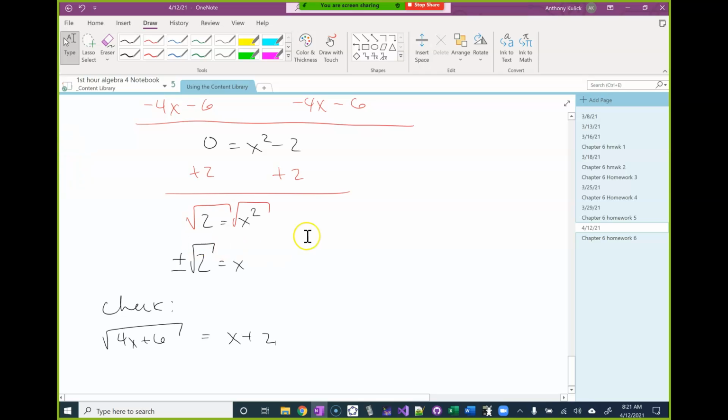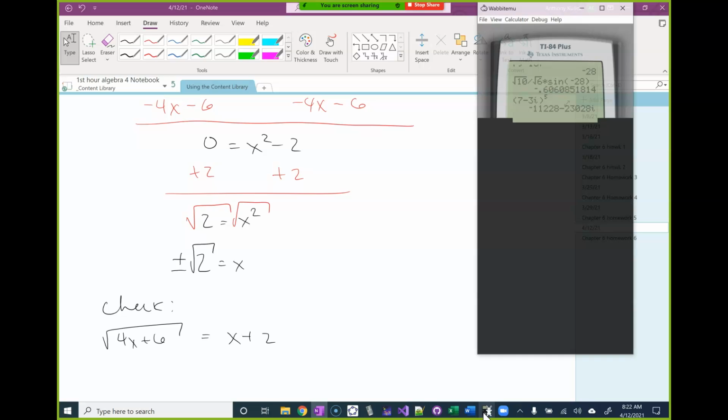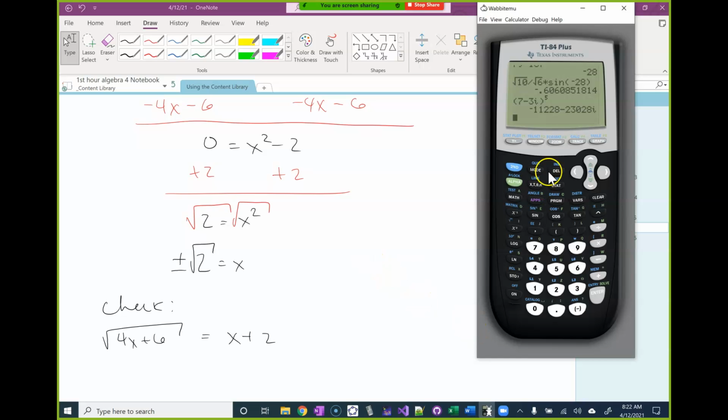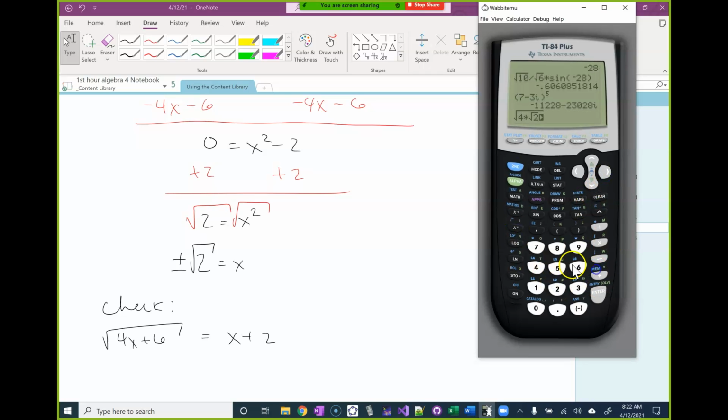So to do that, I'm going to use my calculator, since square root of 2 is a decimal and not a whole number. It doesn't make a lot of sense to write down a whole number check here. Let's look at it with my calculator. So the left-hand side, I have the square root of 4 times the square root 2 plus 6.